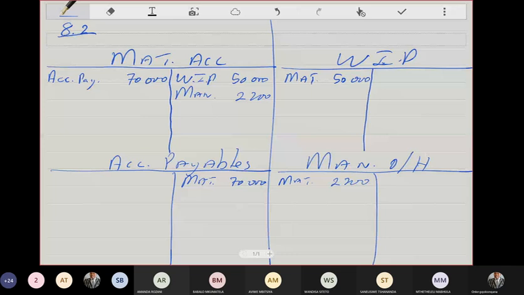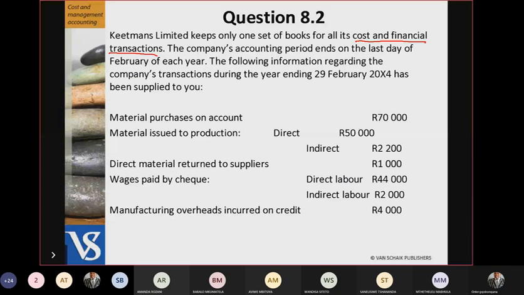Then we move on to the next transaction that we have. The next transaction, they say wages paid by check. We've got a direct labor of 44,000 and indirect labor again of 2,000.